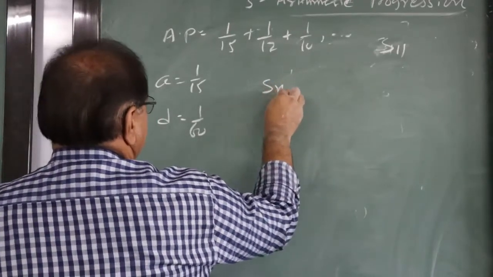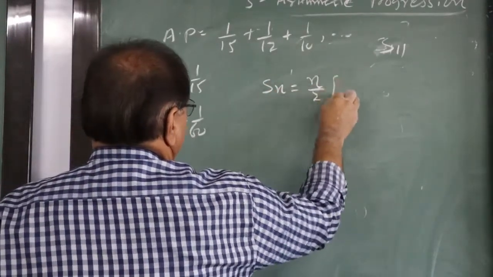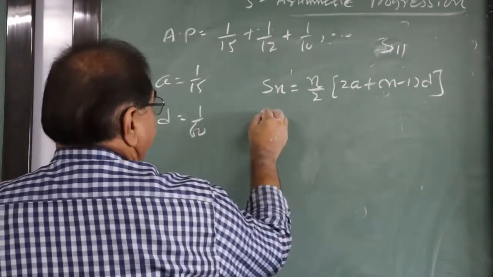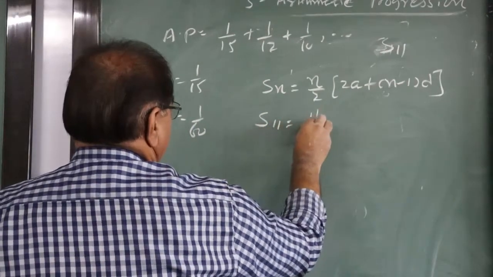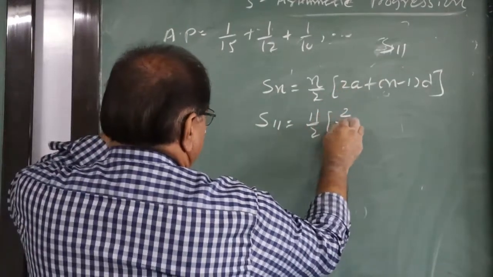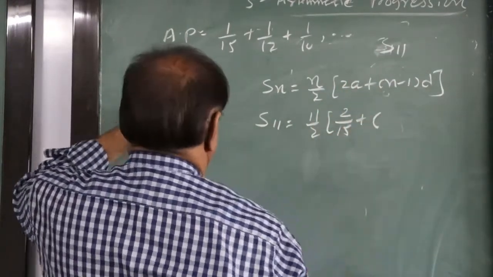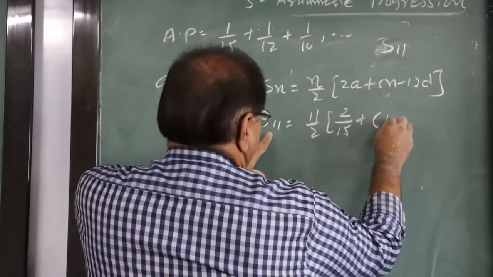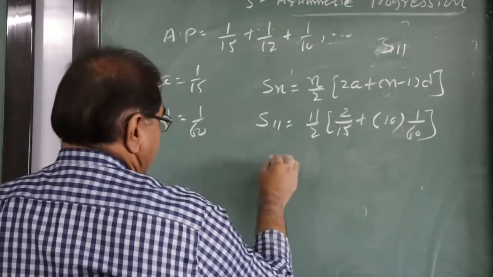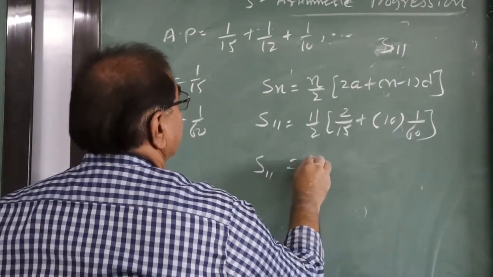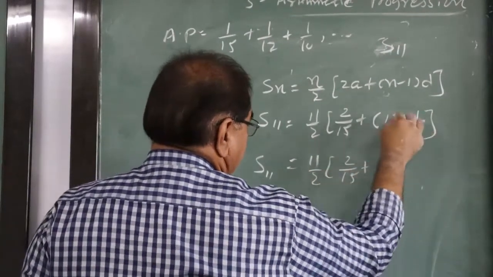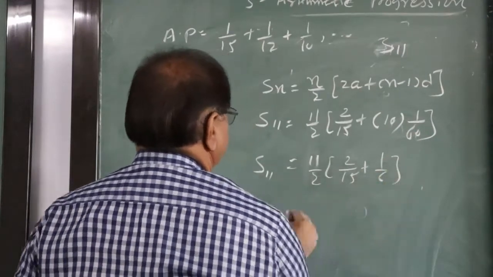So, Sn is equal to n by 2, 2a plus n minus 1 into d. You are finding S11 is equal to 11 upon 2, 2a, 1 upon 15 into 2. So, it is 2 upon 15 plus n minus 1, 11 minus 1, 10, and difference is 1 upon 60. So, S11 is equal to 11 upon 2 into bracket 2 upon 15 plus 0 0 cancel, 1 upon 6.